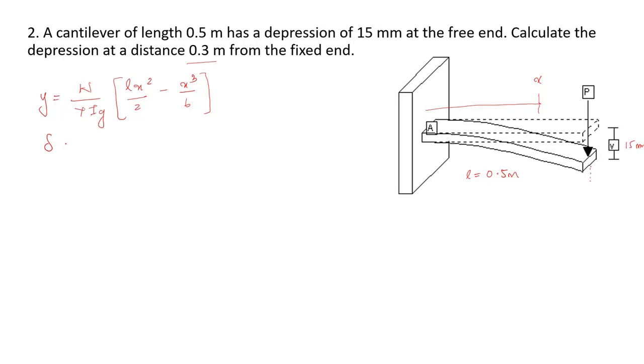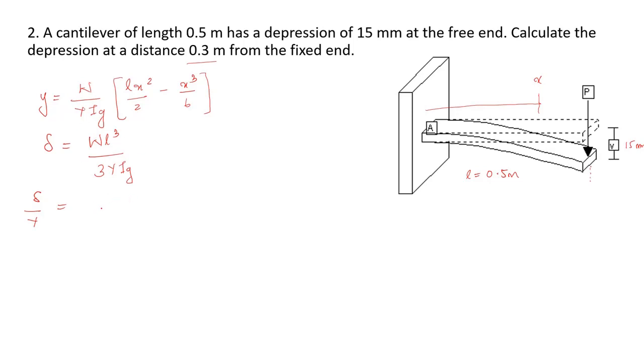So we can use the equation for delta. The equation for delta is nothing but W L cube divided by 3yig in the case of a cantilever. So we can use this to substitute for the unknowns in the first equation. The easiest way to do that is to take the ratio of delta by y so that we can cut off the unknowns W, Y and Ig.